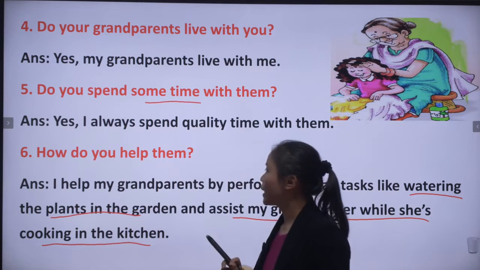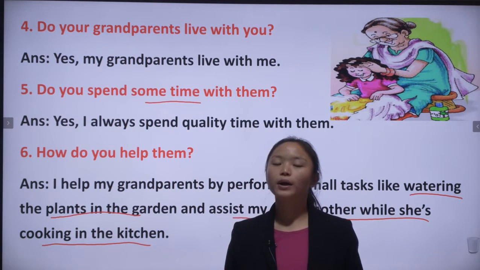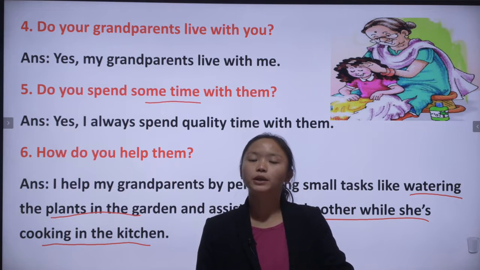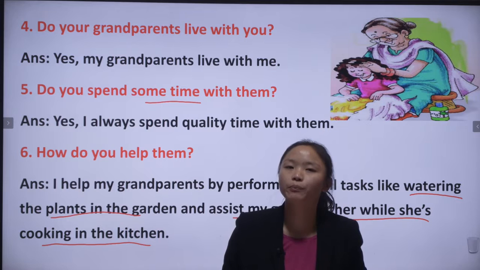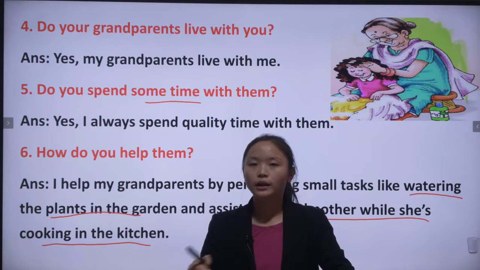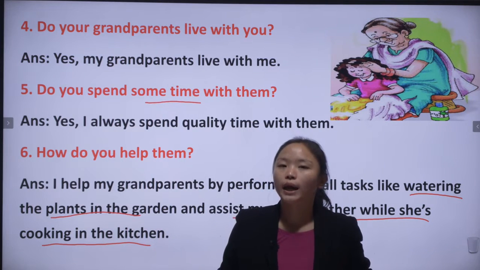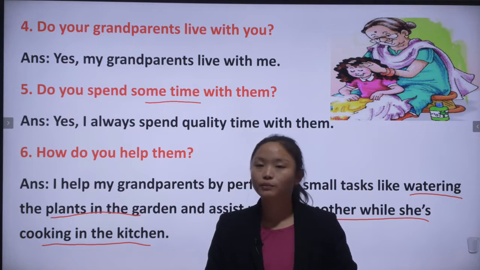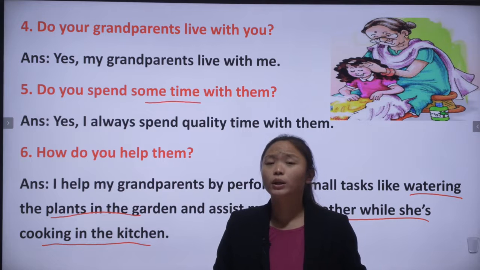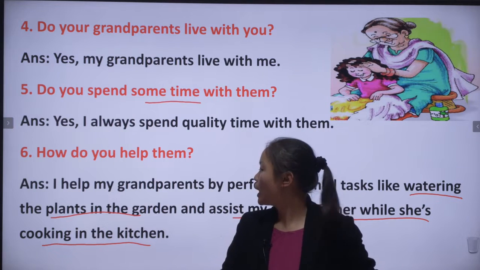है ना? We can help our grandparents by just helping them while watering the plants. जब वो पौधों को पानी दे रहे थे तब हम उनके help कर सकते हैं. And we can help our grandmother while she is cooking. ठीक है?